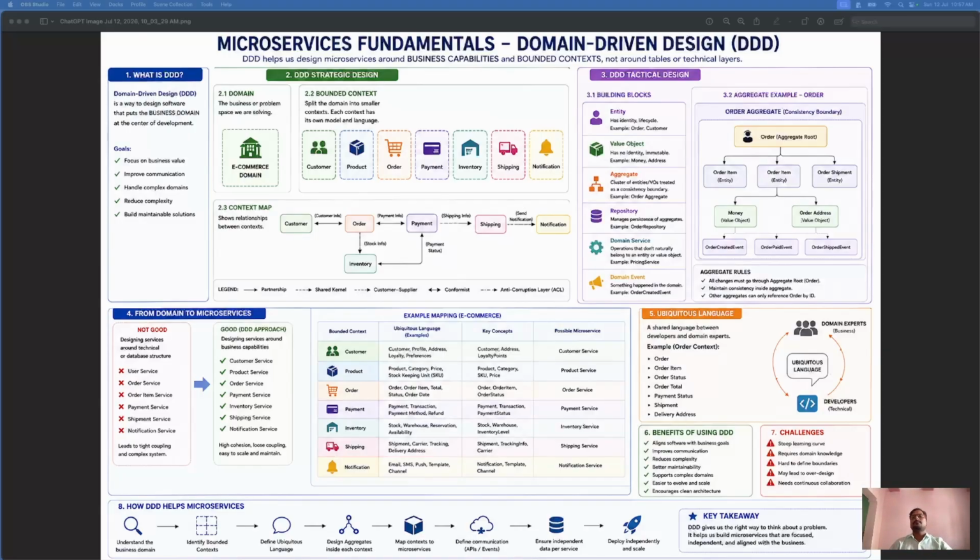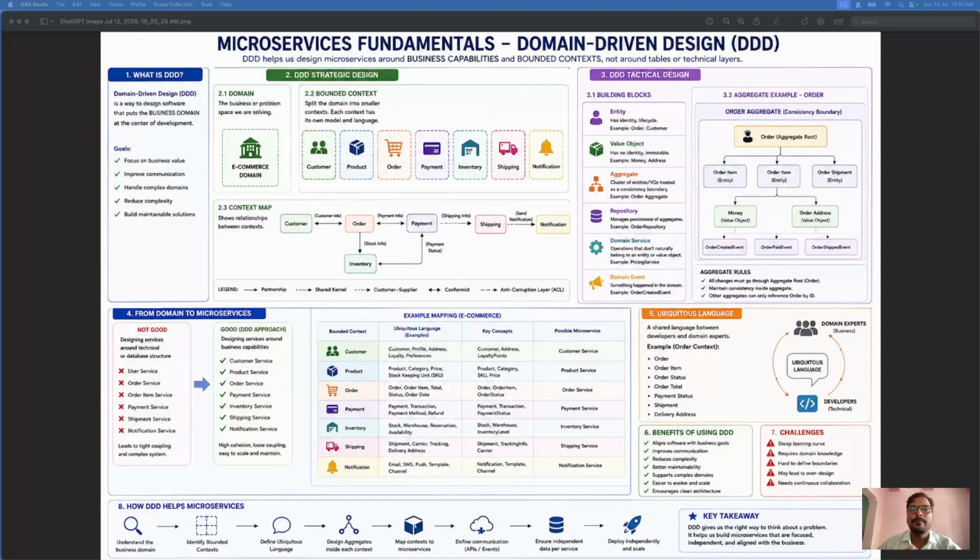Most importantly, we learned that domain driven design helps us to discover the right microservice boundaries. Remember this one sentence. Microservices tell us how to build a distributed system. Domain driven design helps us to decide what those microservices should be.